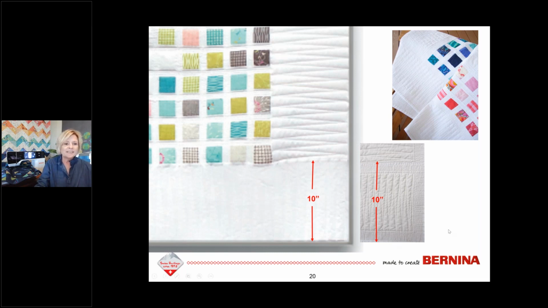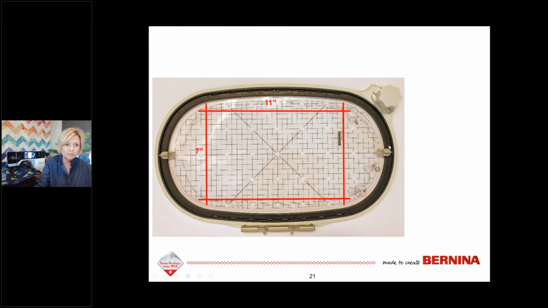So what I did is, now this is the maxi hoop, the one that I have pictured here. And I have the template in there so you can actually see, I put some straight lines here. And for this particular quilt, I decided that if I could do a 7-inch tall border, I could fill in the top and the bottom with something else, with free motion quilting or whatever.